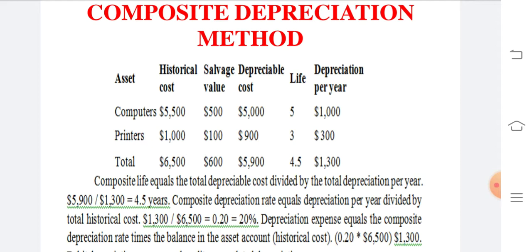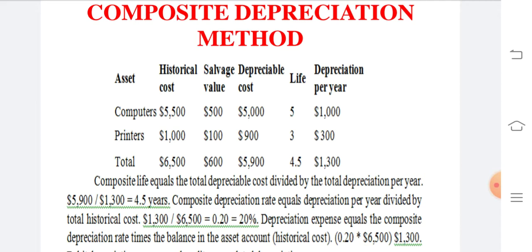So the total depreciable cost of a computer is the difference between its cost and salvage value, that is 5500 minus 500, which gives a depreciable cost of 5000 rupees for a lifetime period of 5 years, such that the depreciation per annum of the computer is 1000 rupees.